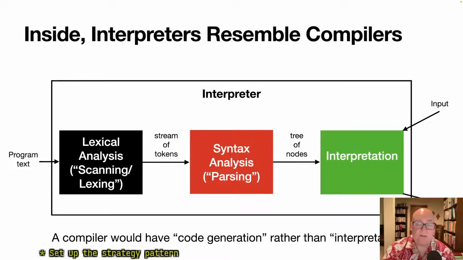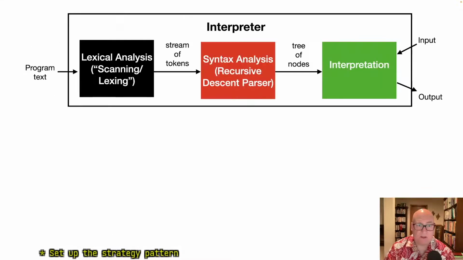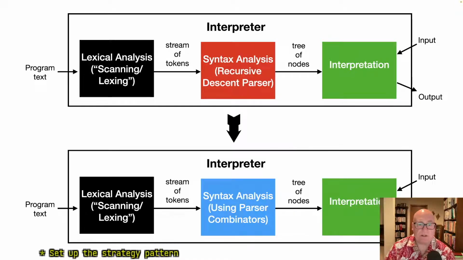And then we can have an interpreter work with that and the user's input and output. If it were a compiler, we'd have code generation instead of interpretation. So for our change, we start with lexical analysis, recursive descent parser, and interpreter, and we're just swapping out that middle piece. So we're going to start using parser combinators.